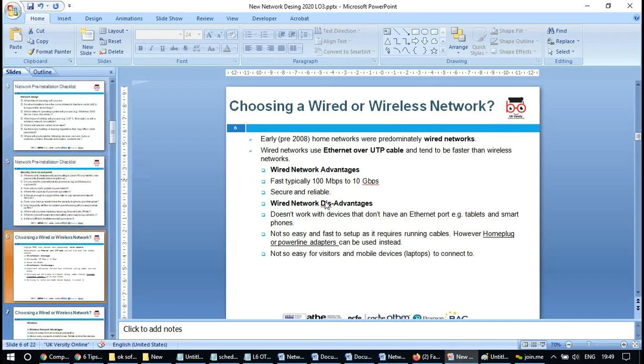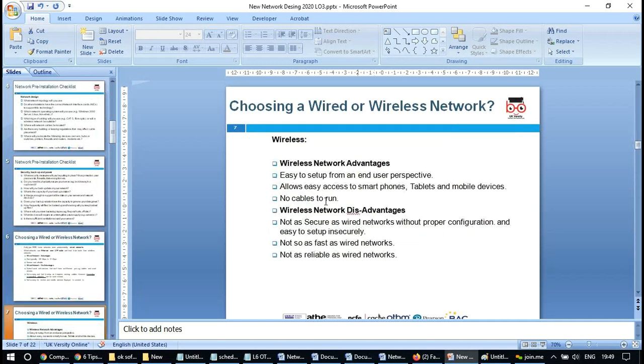Wireless is easy for the end user to set up, allows easy access for smartphones and tablets, and needs no cables. But a wireless network has the disadvantage that it is not as secure as wired networks without proper configuration, is easy to set up insecurely, and is not as fast or as reliable as wired networks.